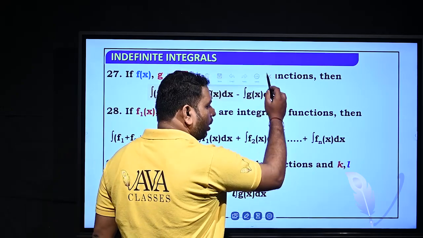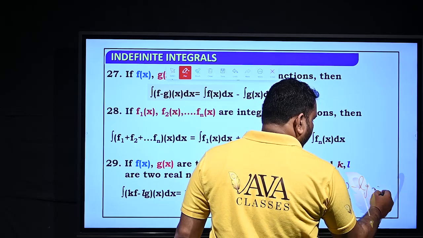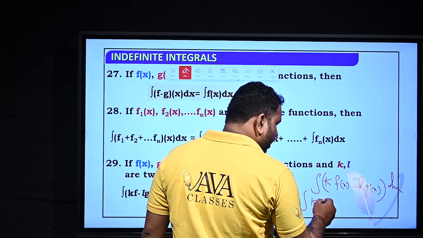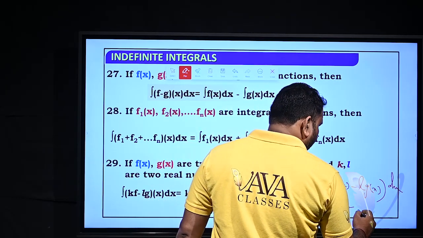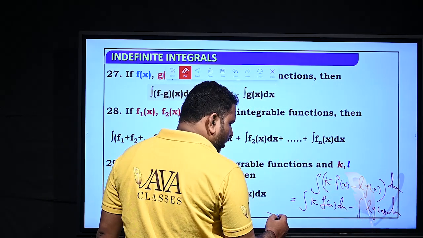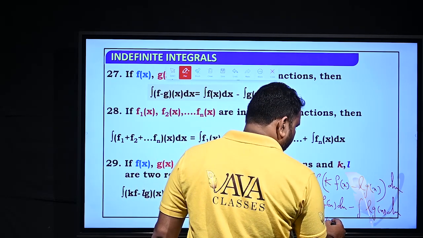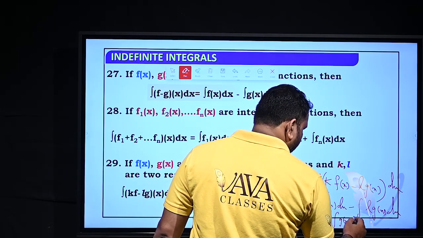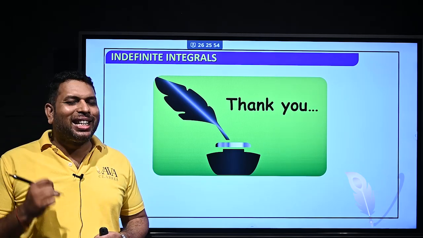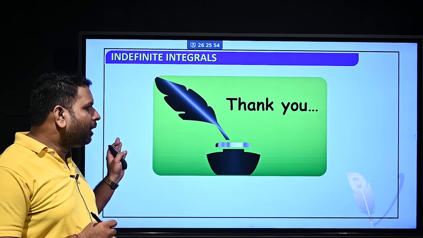That is, integration of k f(x) minus l g(x) dx equals integration k f(x) dx minus integration l g(x) dx. So k times integration f(x) dx minus l times integration g(x) dx. So this is all about the basic introduction of indefinite integral, and these are the definitions.